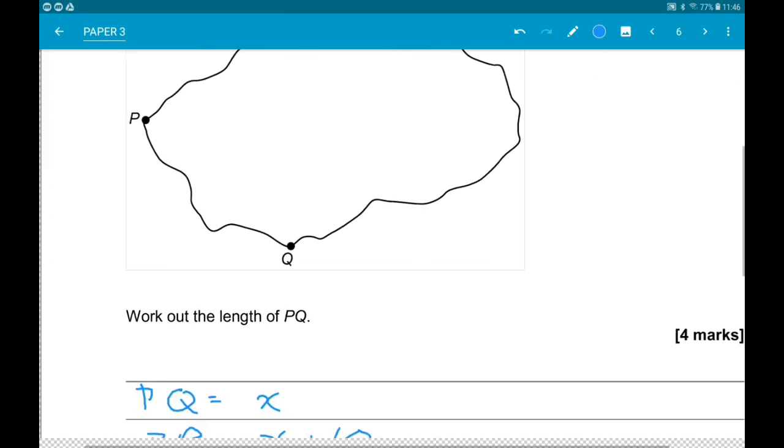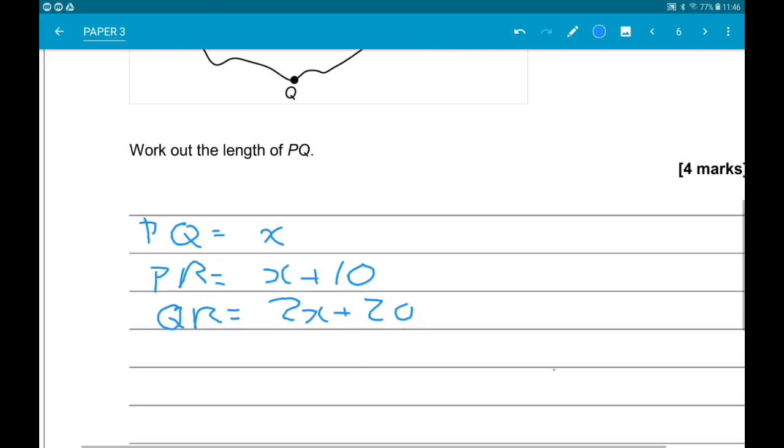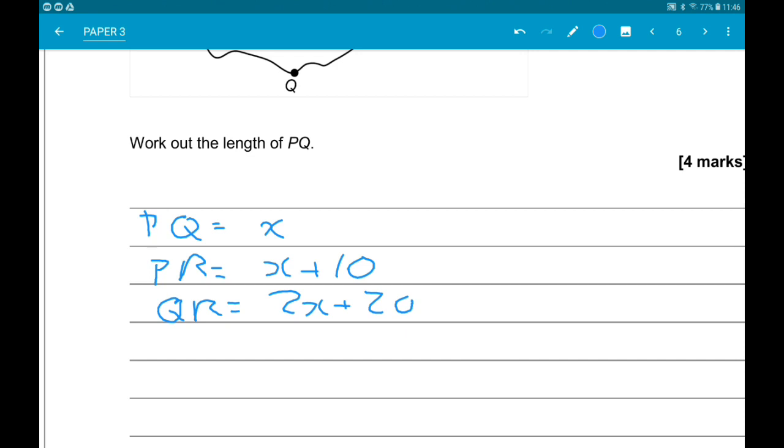So QR is 2x add 20. So now that we know what they all are algebraically, we can add them together. So that's going to give us 4x add 30.